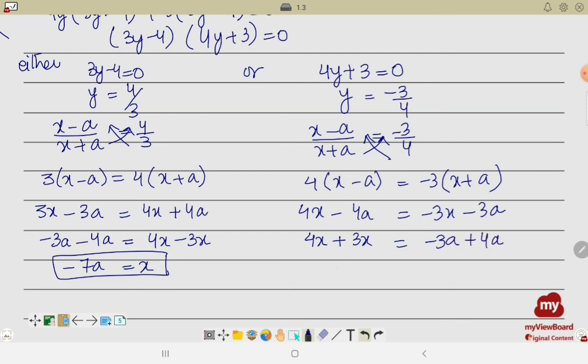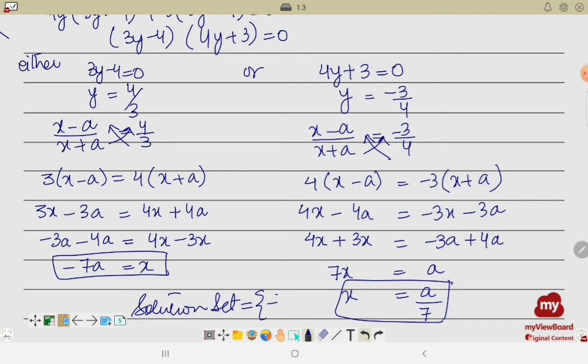We are having 7x and we are having a over here, so we just need the value of x, we don't need 7. So 7 will go to the other side, and then we are having a by 7 here. So we got two values, the solution set. At the end you have to write, it becomes minus 7a comma a by 7, right?